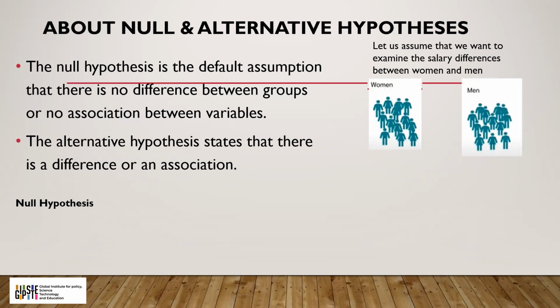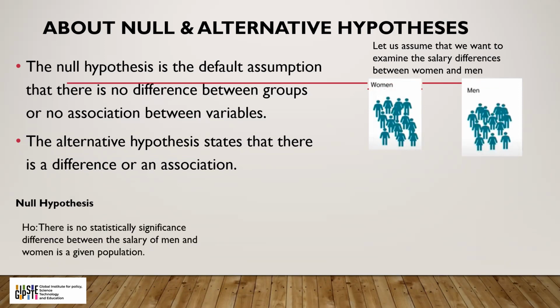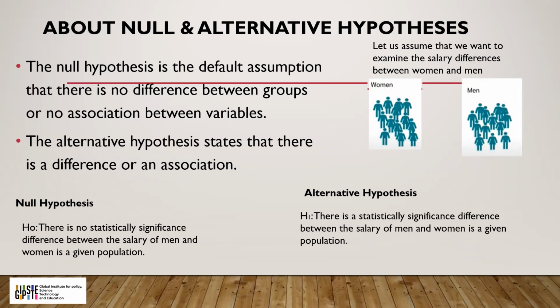Then our null hypothesis will state that there is no statistically significant difference between the salary of men and women in a given population. So the alternate hypothesis will be given as a negation of the null hypothesis. In this case, the alternate hypothesis will be stated that there is a statistically significant difference between the salary of men and women in a given population.